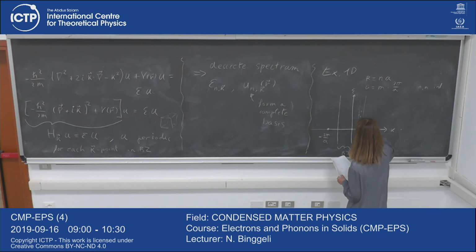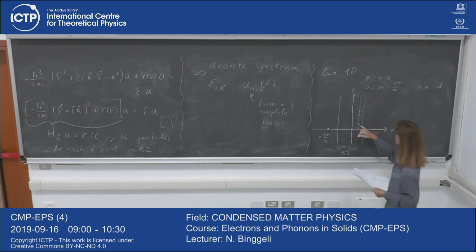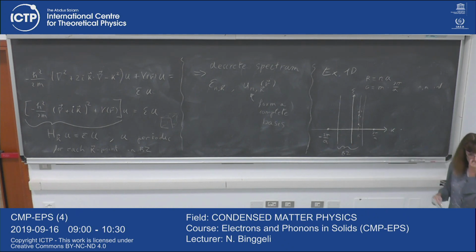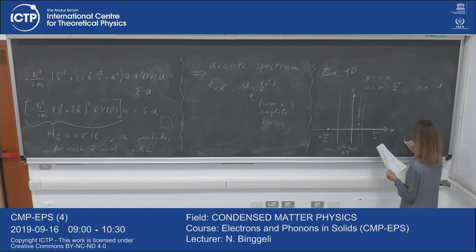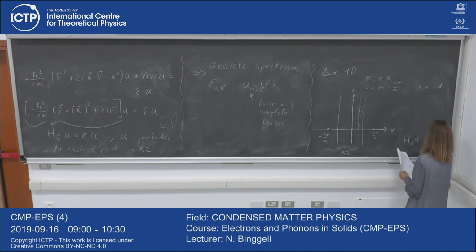So for this given k, I'm getting a discrete spectrum, epsilon 1, epsilon 2, epsilon 3, which are solutions of H_k u equal to epsilon u.